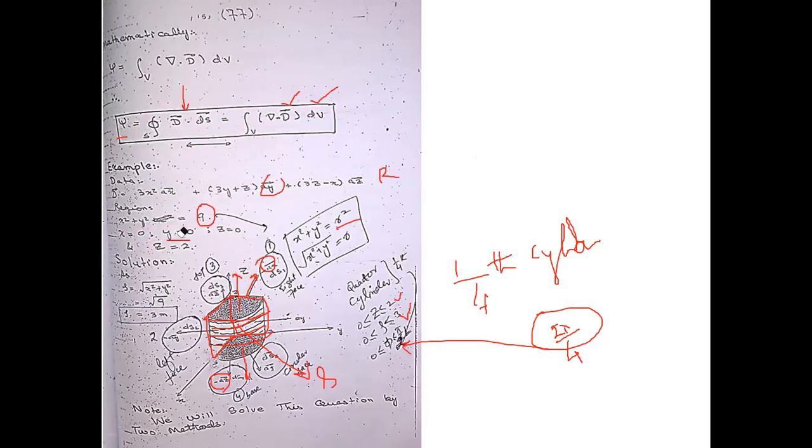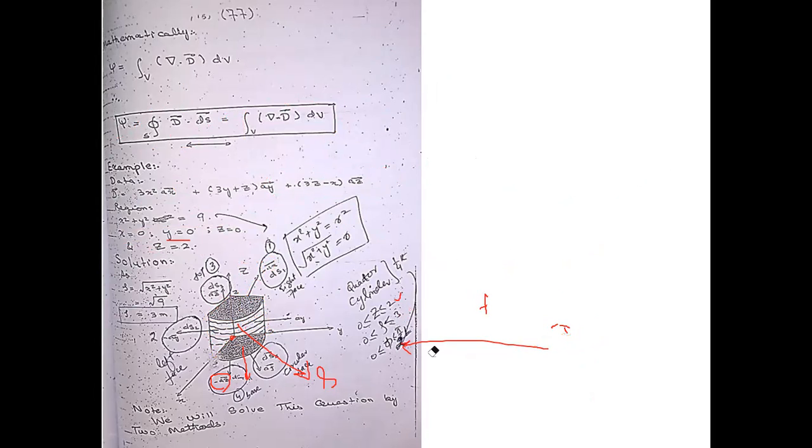So let's start from the solution. First we will find the dv. So this is the volume integral of the divergence of D. The divergence of D in the rectangular coordinate system will be partial over partial.